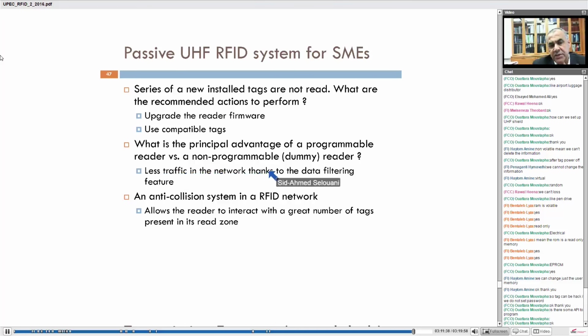So you have to upgrade the reader firmware. This is the first thing to do, and use compatible tags. Maybe you are using a channel that is not adequate. You are in France and you are using US equipment, and so on.